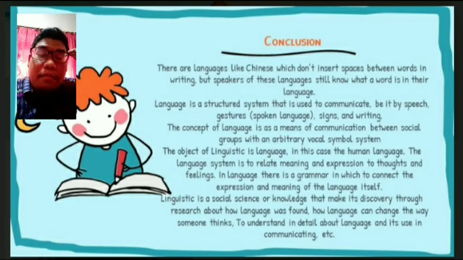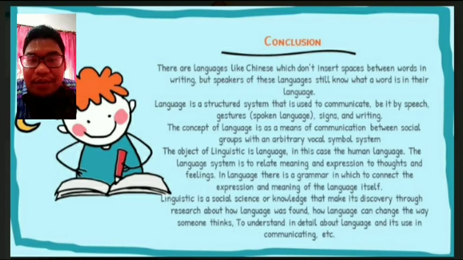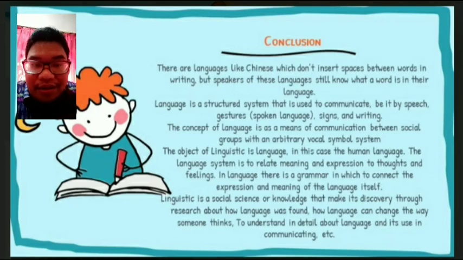The concept of language is as a means of communication between social groups with an arbitrary vocal symbol system. The object of linguistics is language, in this case, human language. The language system is to relate meaning and expression to truth and feelings. In language, there is a grammar with which to connect the expressions and meanings of the language itself.